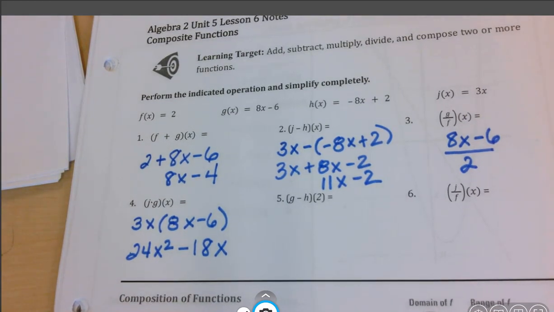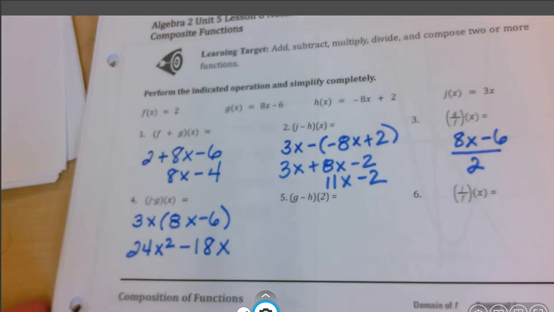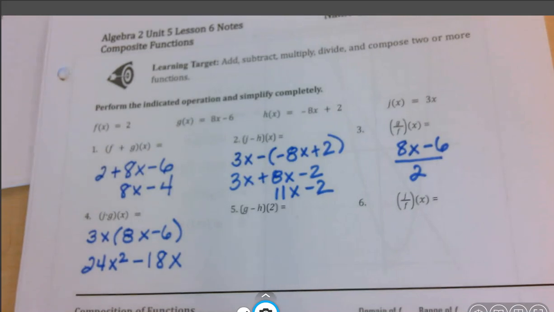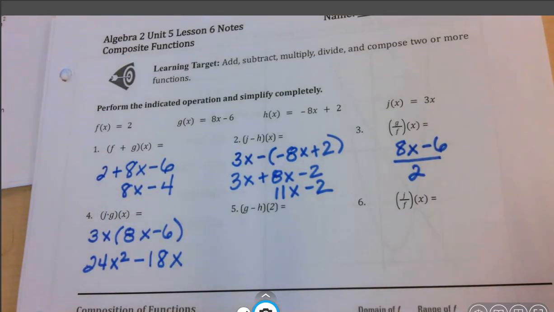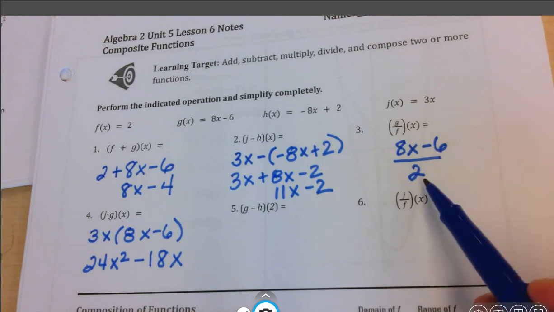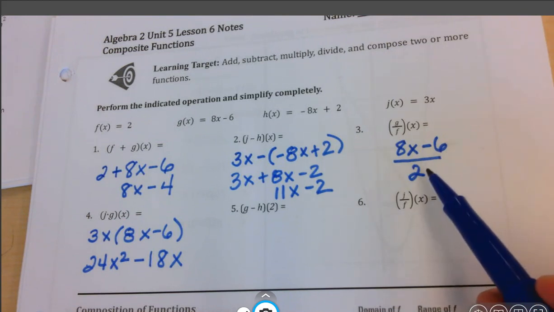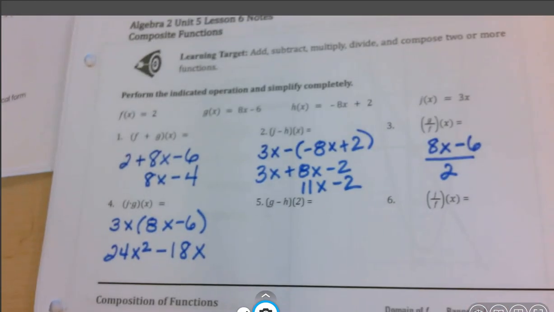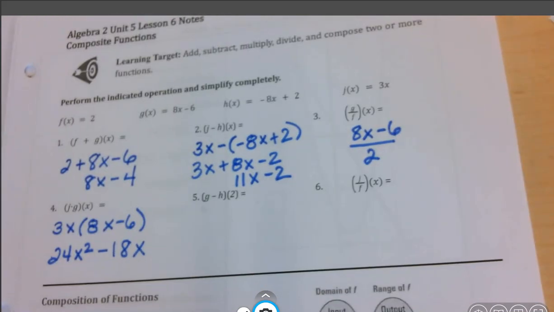Ben, what did you get? Got like 8x minus 8. Then are you still allowed to have that, or do you have to put it down? So explain how you got that 8x minus 8 here. Okay, so you're thinking about the exponent rules, right? When we divide exponents, we subtract, but if we divide numbers, we divide, right?